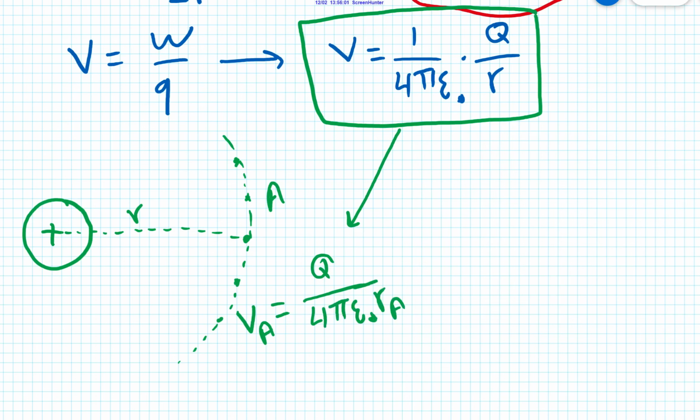Of course, remember that the SI unit here is the volt.